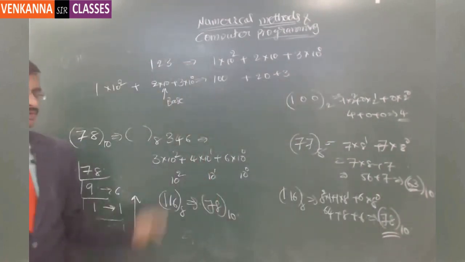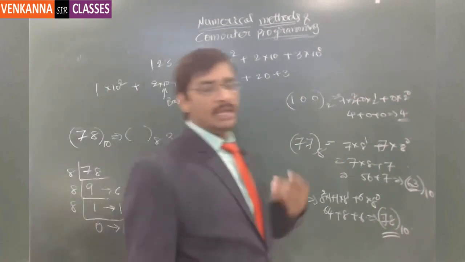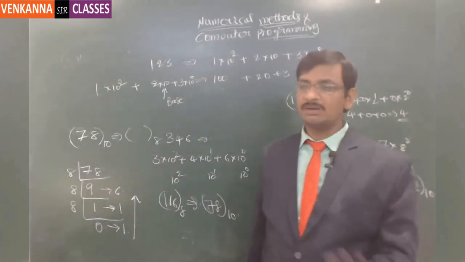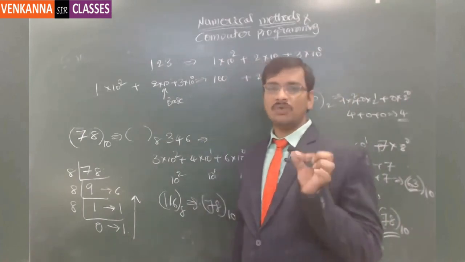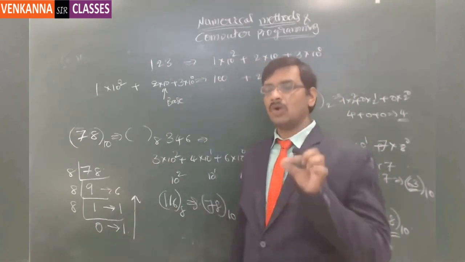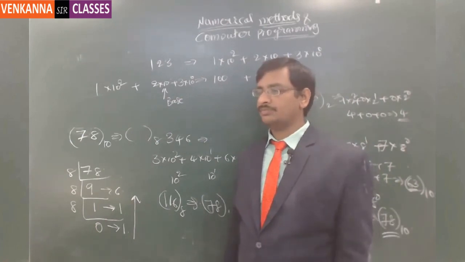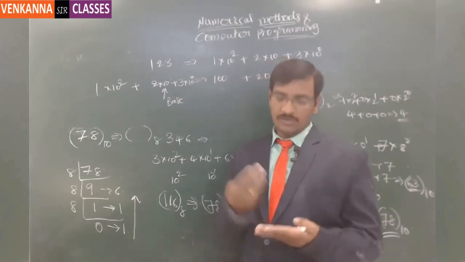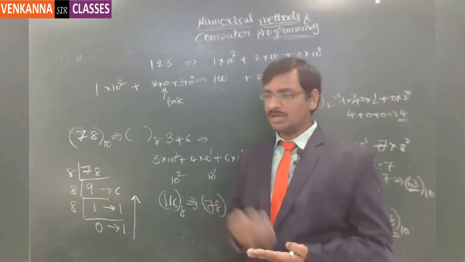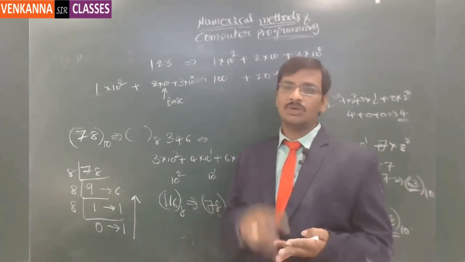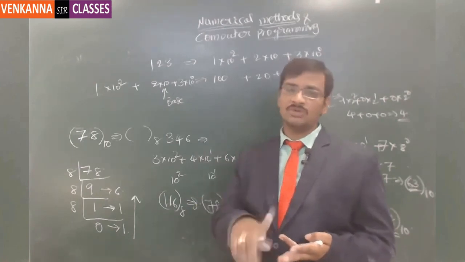I hope you understood this concept, how we are converting any number system to decimal and decimal to any number system, with the same methodology. If you understand one method, it is applicable for all kinds of number systems. So you now know how to convert from one number system to another, that is decimal to any number system or any number system to decimal.